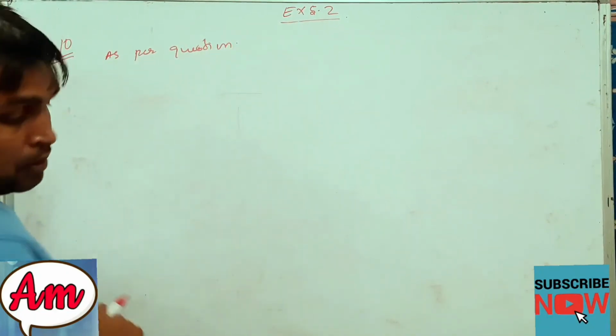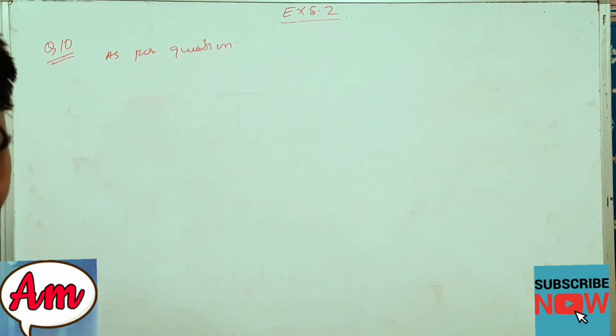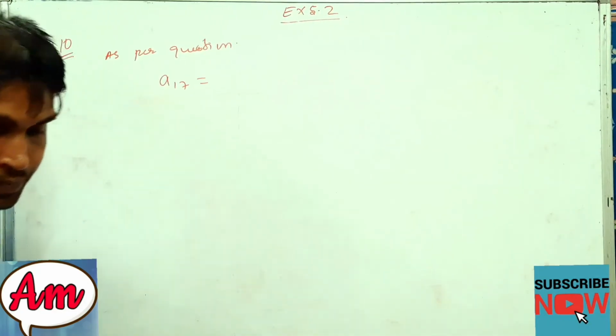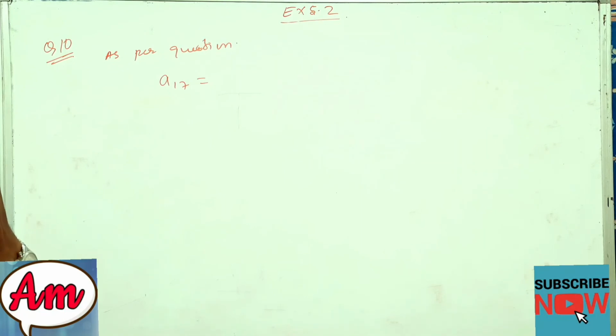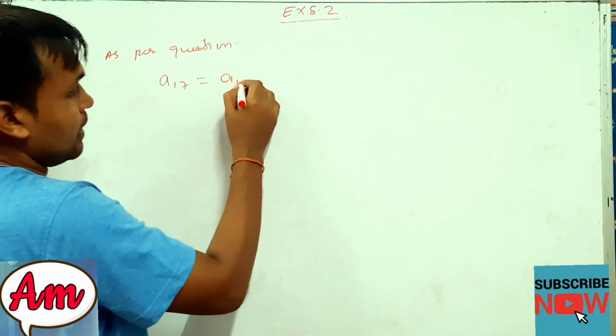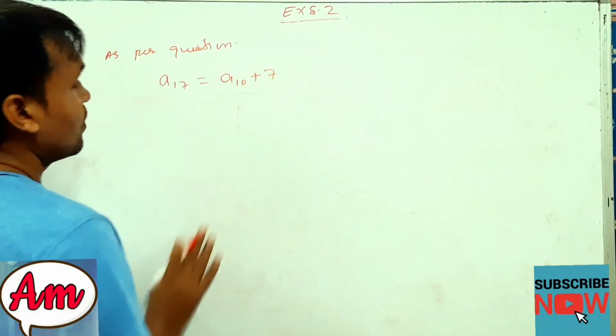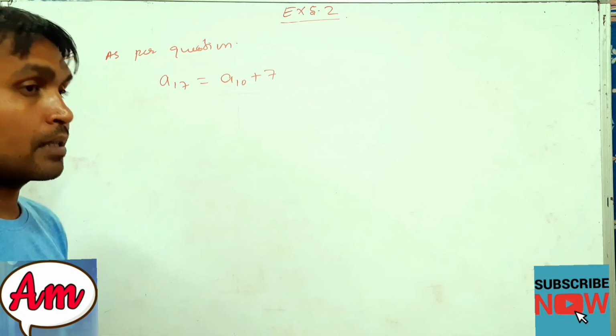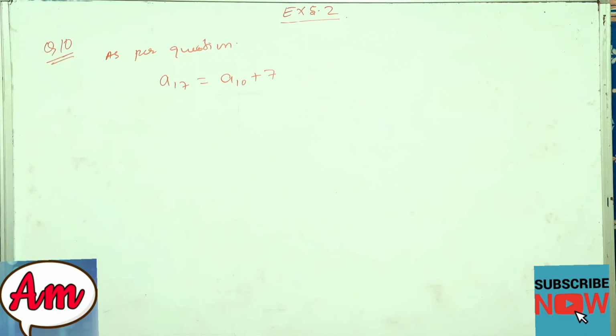As per the question, the 17th term means a17 equals, exceeds the 10th term of the AP by 7. That means a10 plus 7. So a17 is equal to a10 plus 7. Okay, that is the meaning of it.